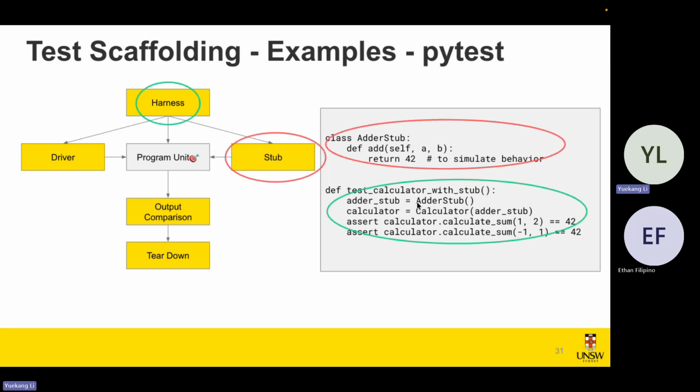And this adder stub is the stub, right? It is to replace the add function of the calculator, because we are testing the calculator app, and we assume that we haven't implemented the add function yet. Then we can replace it with an adder stub. And of course, you can see this part is the output comparison in the test scaffolding structure.